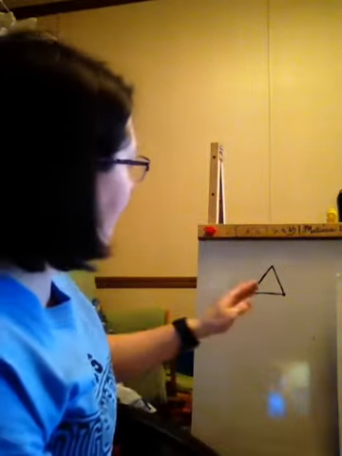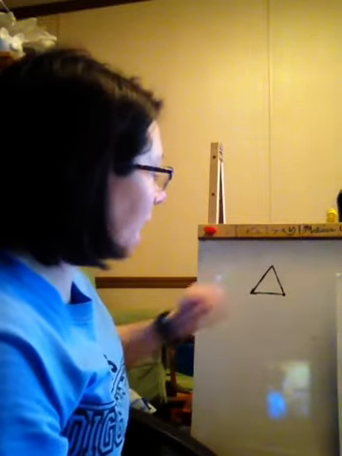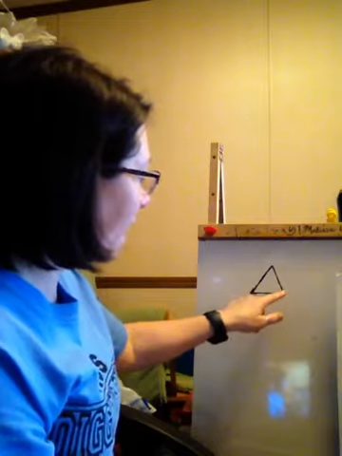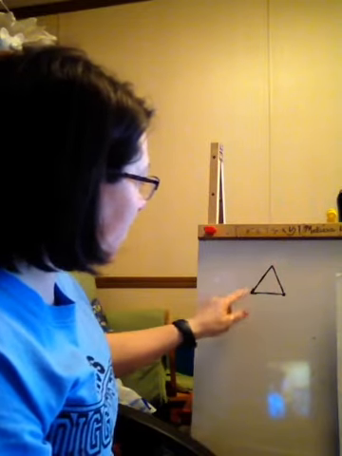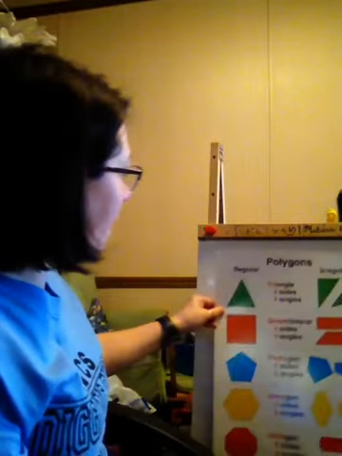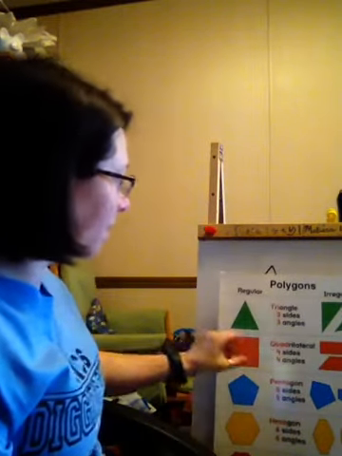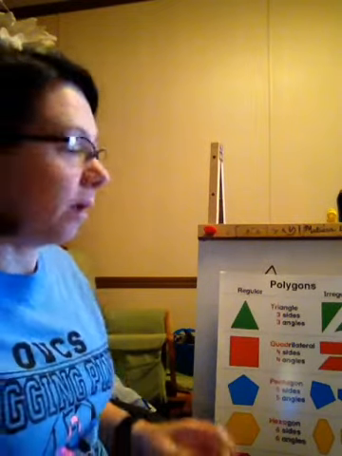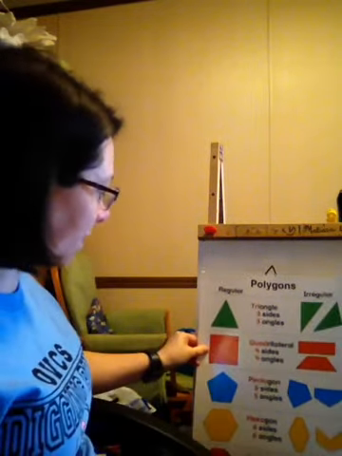And so we have 3 line segments that come together. They form 3 angles, and they have 3 vertices. And so we call this a triangle because tri means 3. 3 sides, 3 angles, 3 vertices.